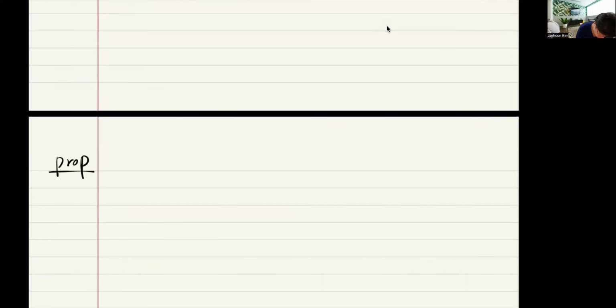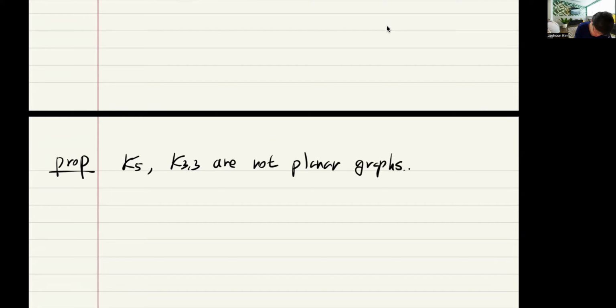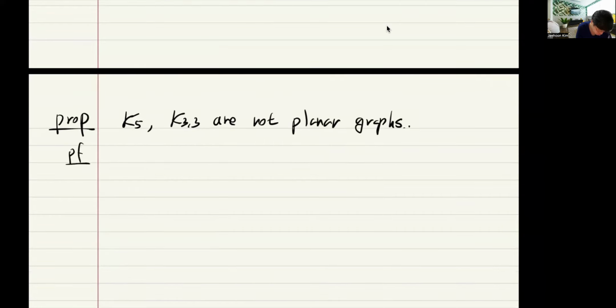And if we check certain graphs, then we can check the following. K5 and K3,3 are actually not planar graphs. So we can prove it. How do you prove it?